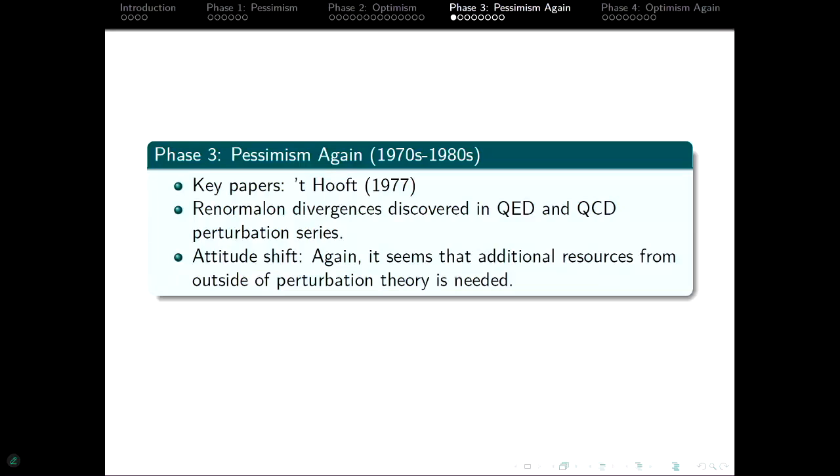When we come back to theories like QED and QCD by the 70s, and ask what happens now for QFTs, things get more complicated, and new problems arise, which lead to another round of pessimism, essentially, about perturbation theory. And a return to this idea that, no, we're really going to have to go outside of perturbation theory if we want to understand these theories.